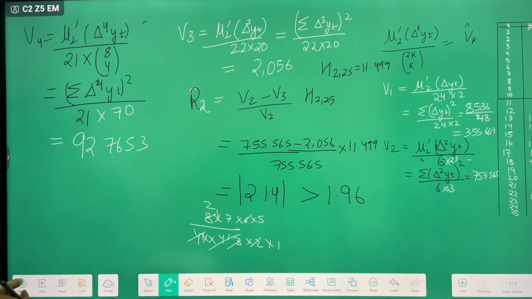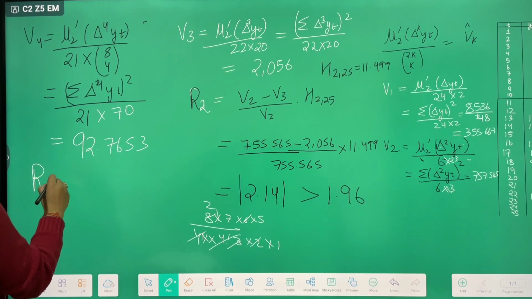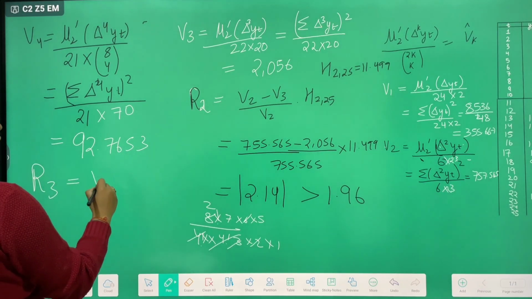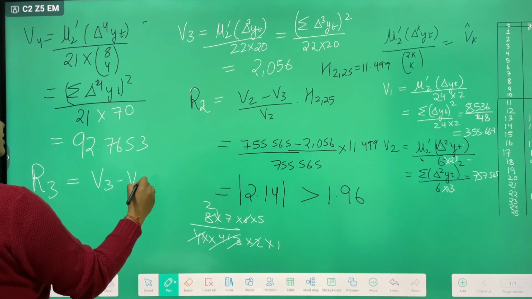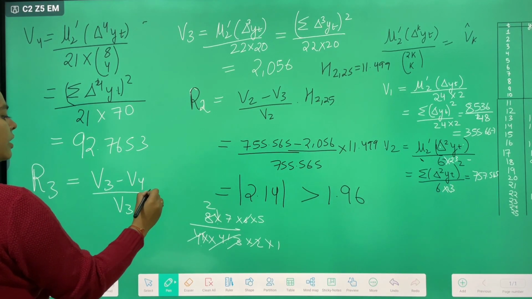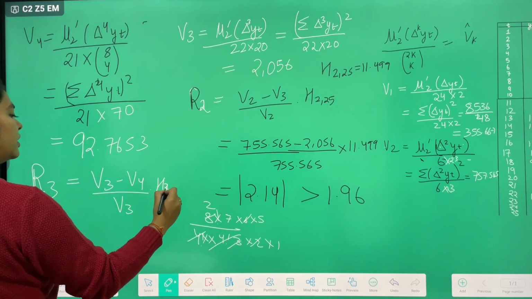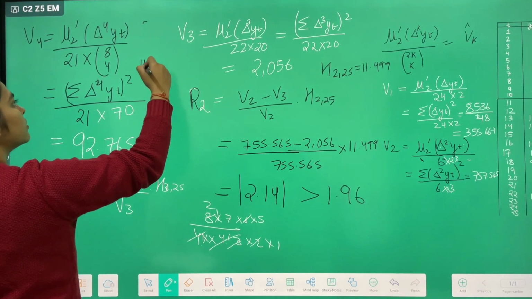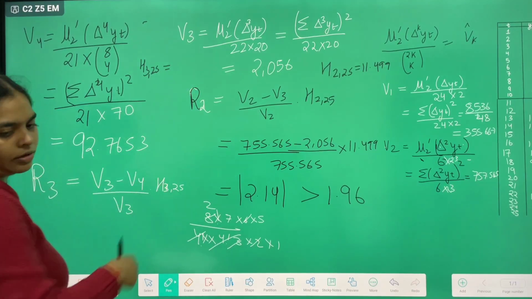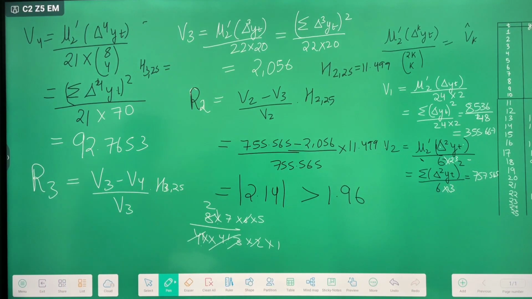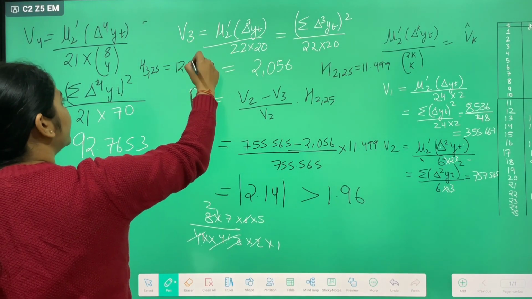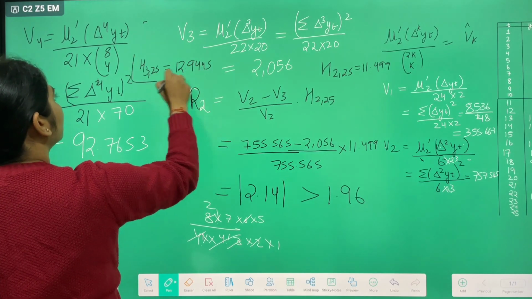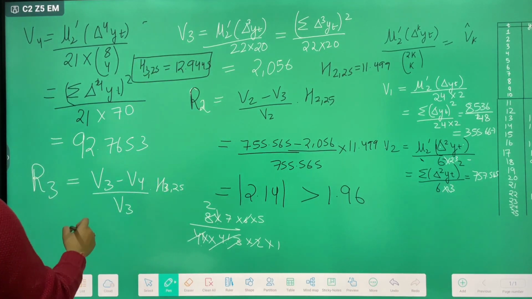If we subtract, we'll get R3, which is (V3 minus V4) upon V3 into H3,25. H3,25 is given here as 12.9445.